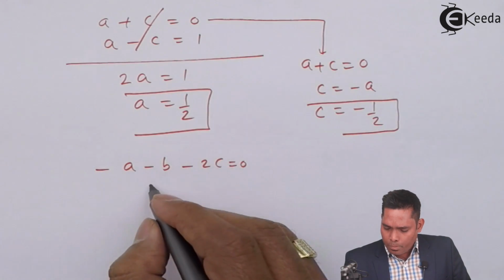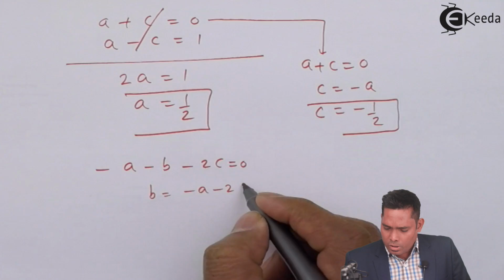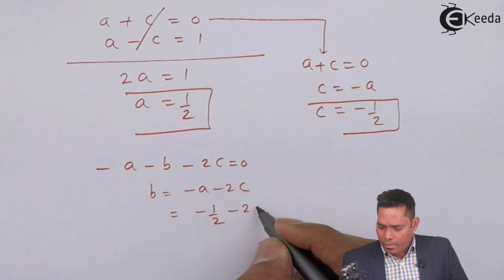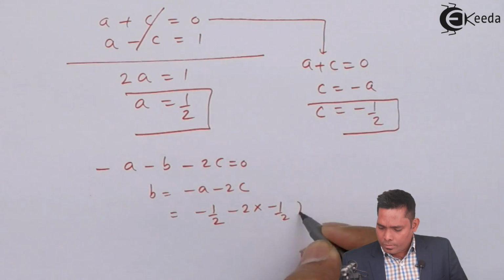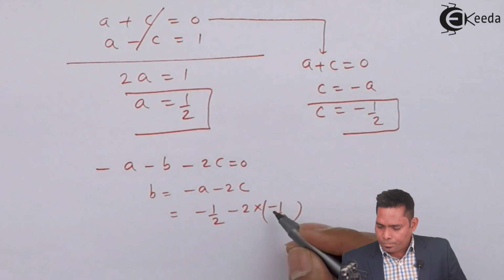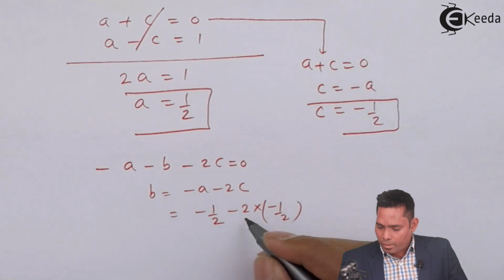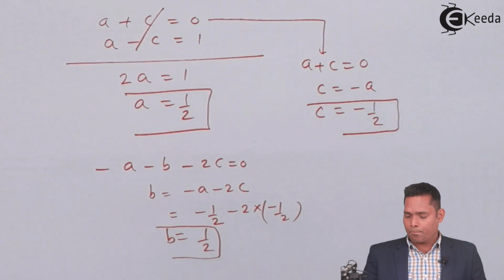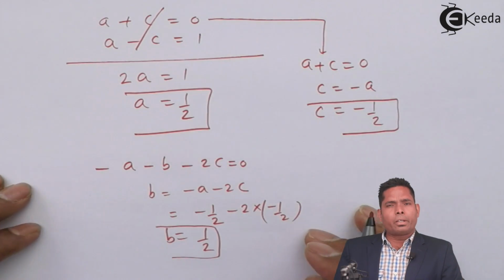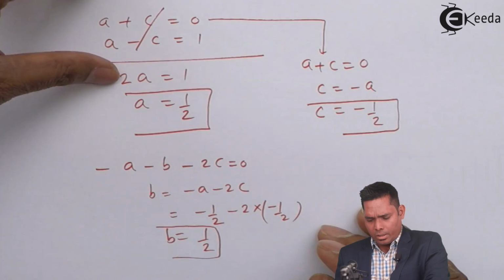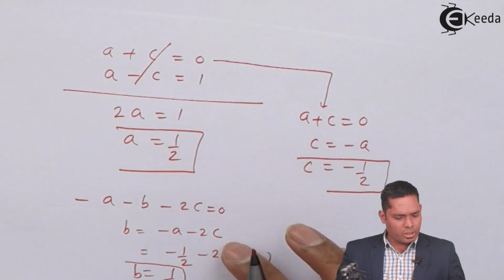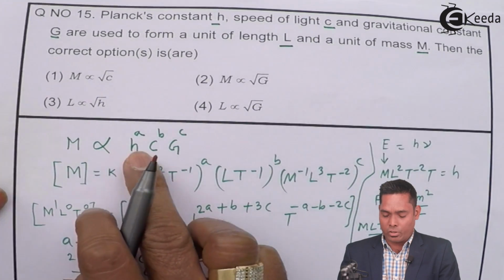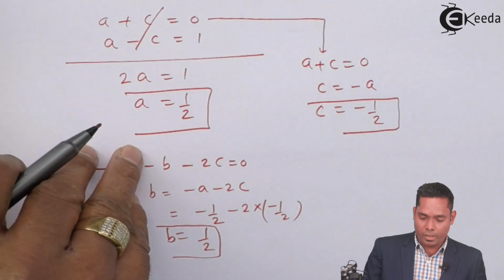From here I get the value of b, which is minus a minus 2c, that is minus half minus 2 times minus half, so this becomes 1, and 1 minus half is half, so b comes out to be half. After we get a, b and c, we will substitute these values in the expression for m, which varies directly with h, c, G to the power a, b, c.